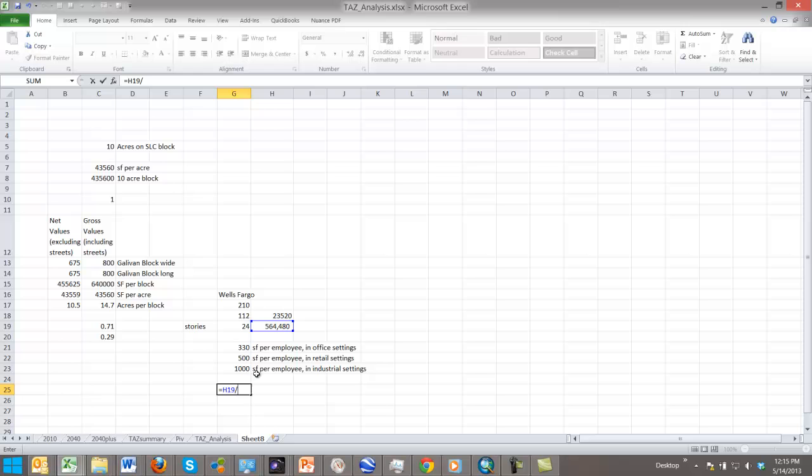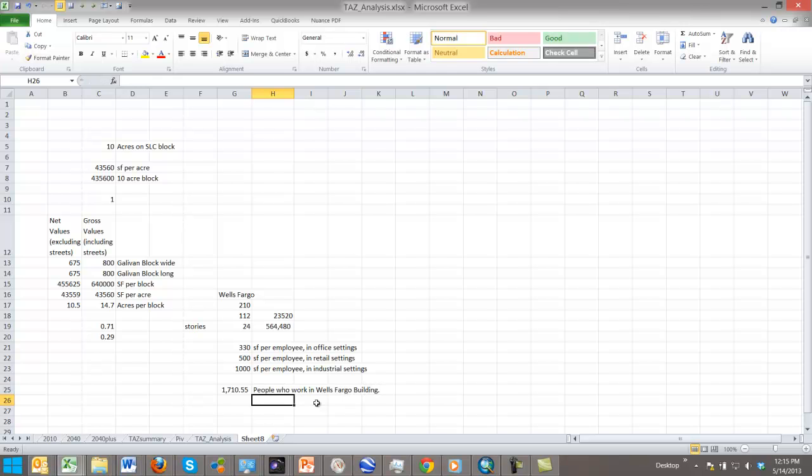So given that this is an office building, then we can say that if I have 500,000 square feet and I divide that by 330, then I have this many people who work in the Wells Fargo building. That is more people than live in my town of Richfield. I grew up in Richfield, Utah.